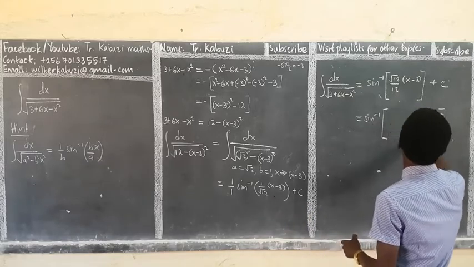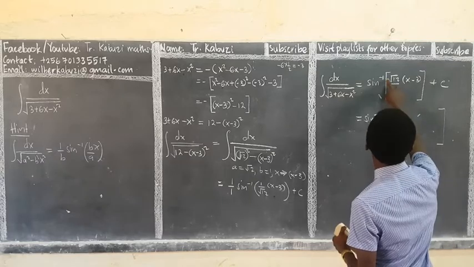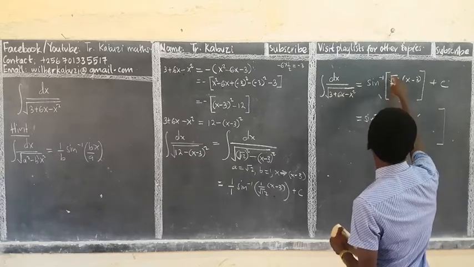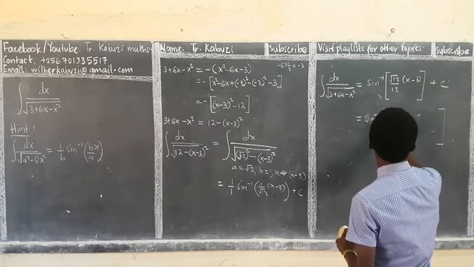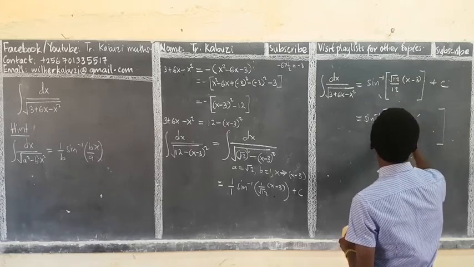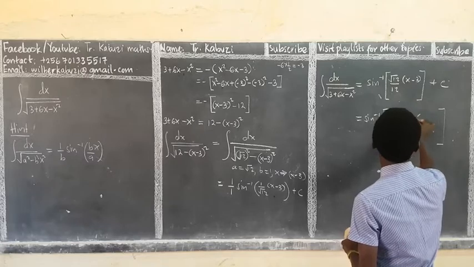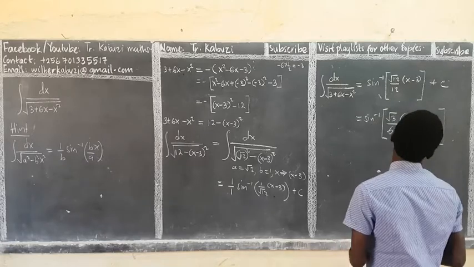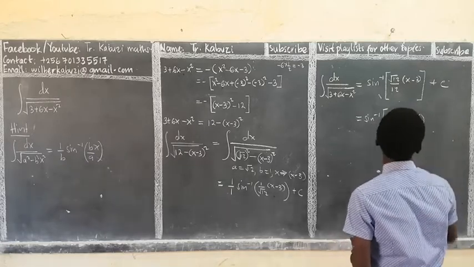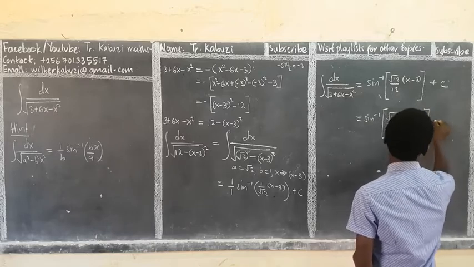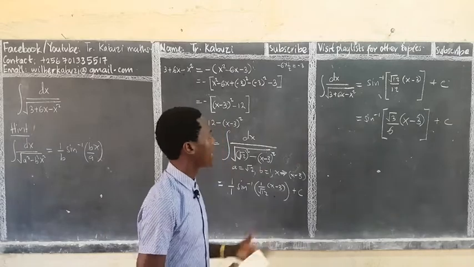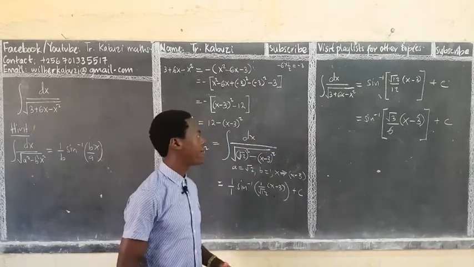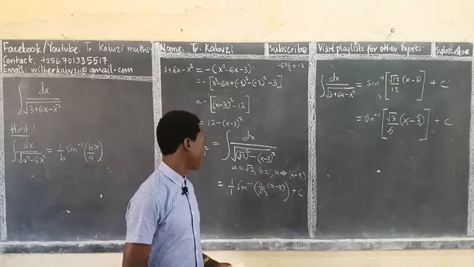And I said this is the same as 2 root 3, so the 2 will cancel. So I have now root 3 over 6 into now this, which is x minus 3. And so that's how we can do that number, then plus a constant of integration. So if you wanted to simplify, that's how far you can simplify that.